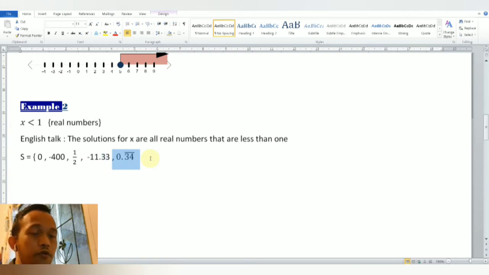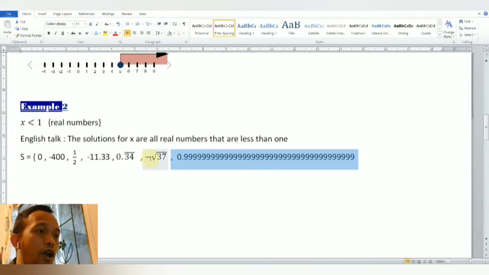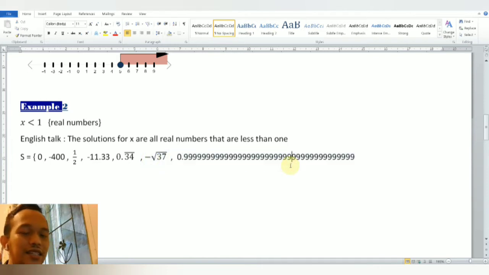All of these real numbers, negative square root of 37, and even this one, which is slightly less than 1, 0.9999999, and so on, but this is not equal to 1. I want you to know that this is not equal to 1, but it's just slightly less than 1. But it's still your solution.